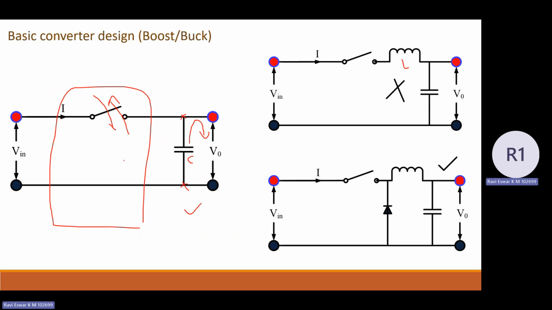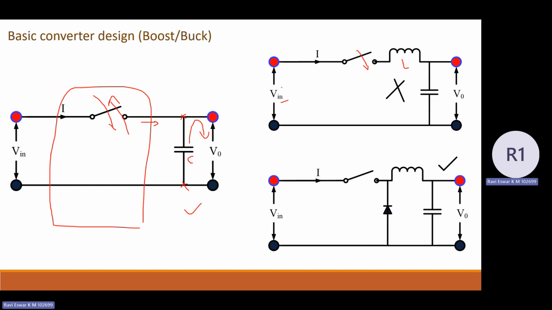Similarly, if I want to take continuous current from the chopper, I need to use an element called an inductor. You know the inductor doesn't allow sudden change in the current. When I turn on the switch, the inductor starts charging with the supply voltage.